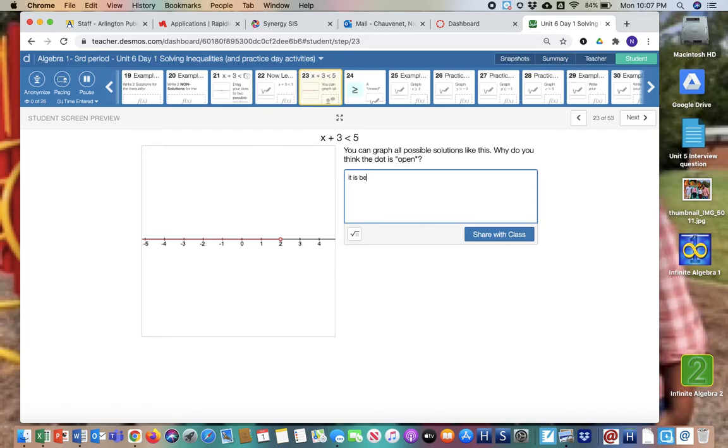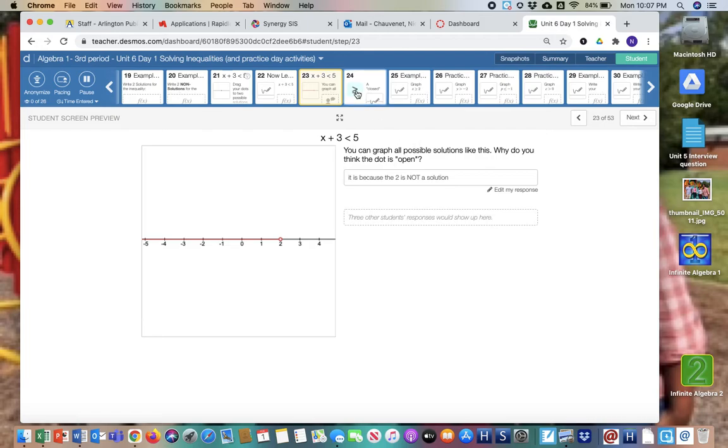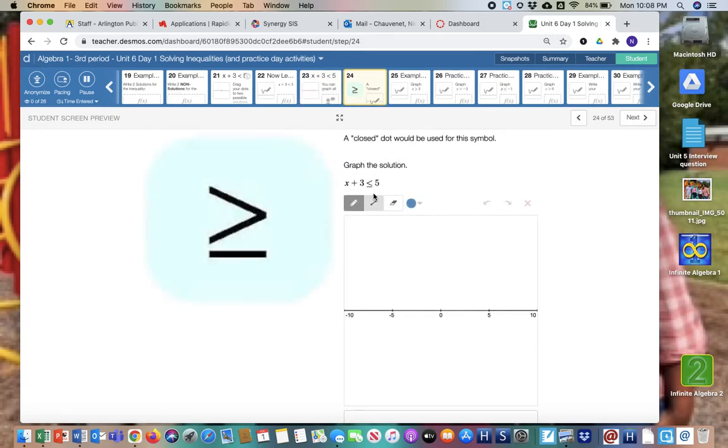It is because the 2 is not a solution. If we were to plug a 2 into this, 2 plus 3 is 5, 5 is less than 5. That's not true. So the 2 is not a solution. So that is why this is an open circle. If it was a solution, we'd have a closed circle. So a closed dot would be used for this symbol.